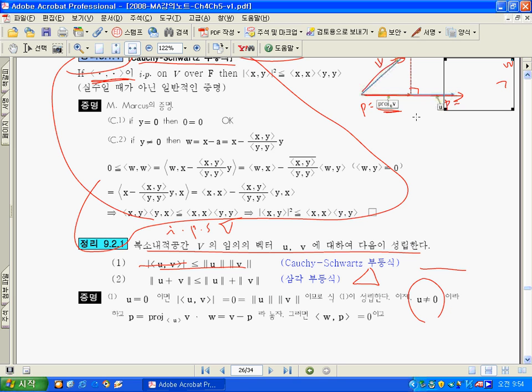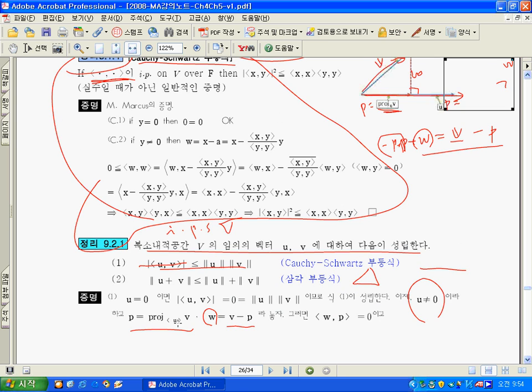Projection, so it's perpendicular. Then P plus W is V. So W is V minus P. Then the projection is this, as you see from the graph there.